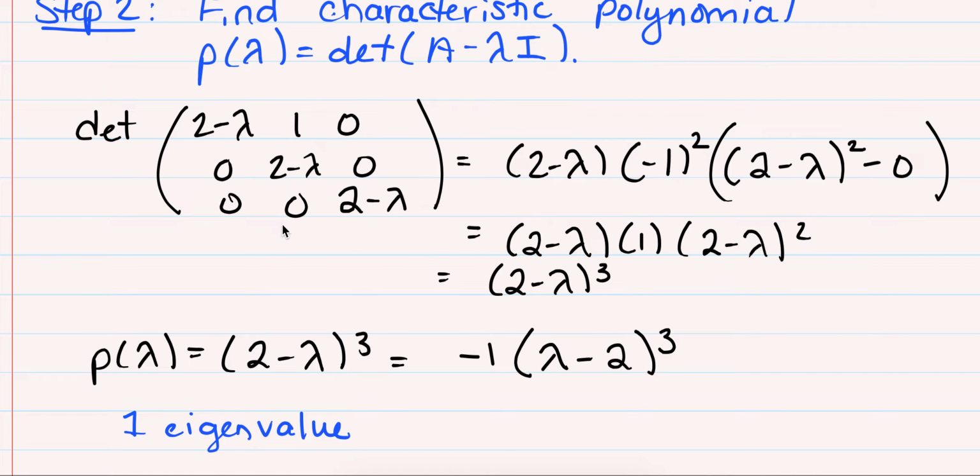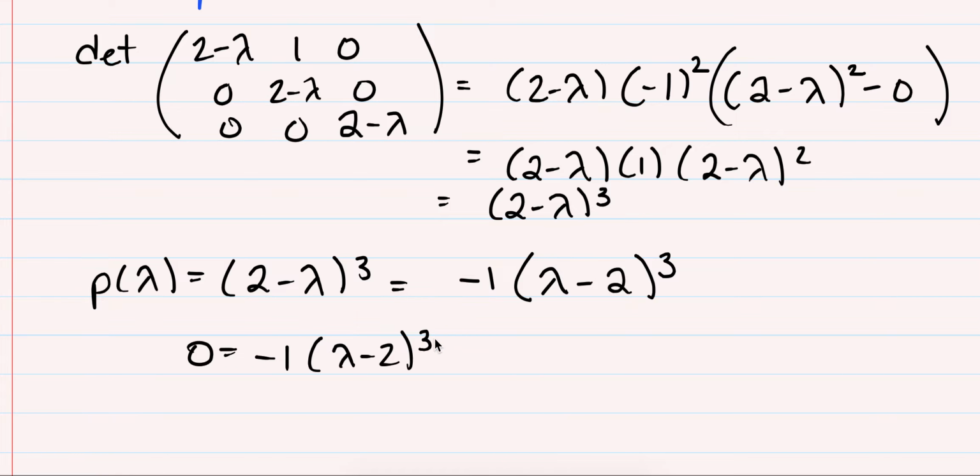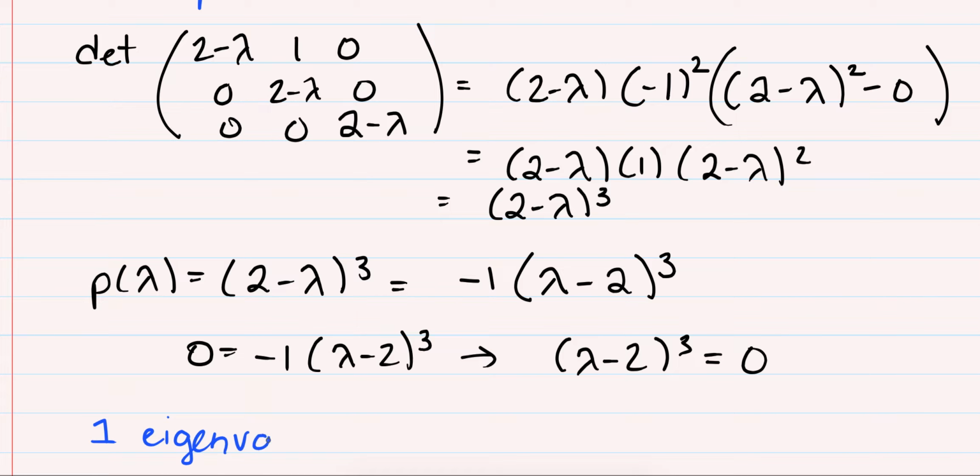And so we set this polynomial, the characteristic polynomial, equal to 0, and divide by this negative 1. We get lambda minus 2 cubed is 0. These are our eigenvalues, which is we just have one of them. And that is lambda is equal to 2.